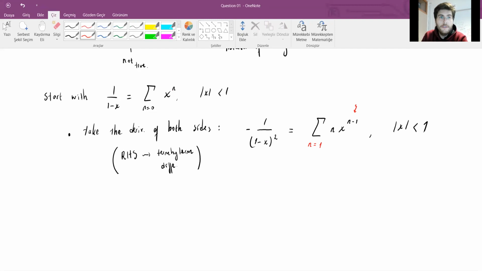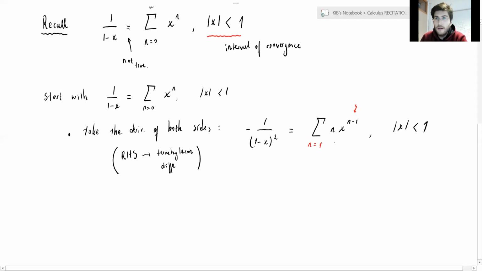So we have a shift for indices, actually. Okay, this is the first maneuver, basically. Now let's do this one more time. One more differentiation.